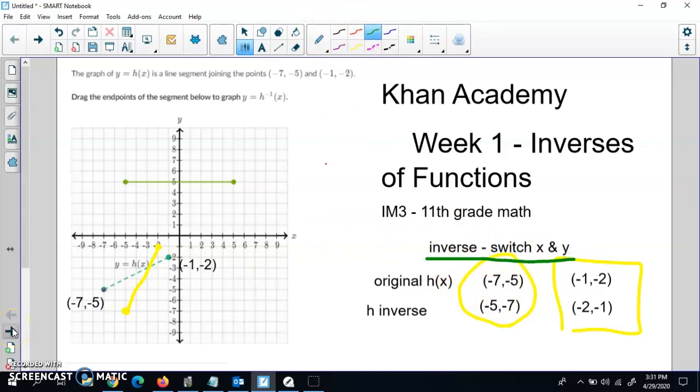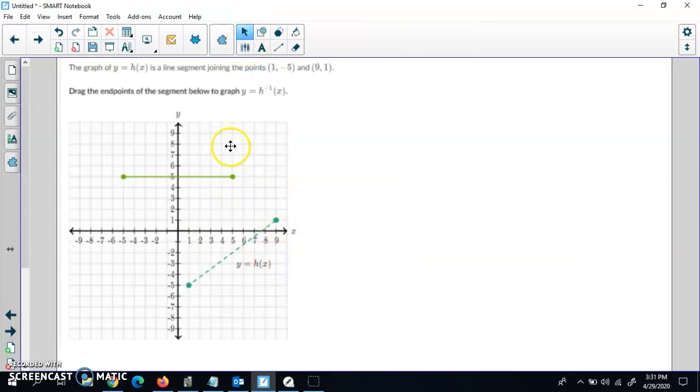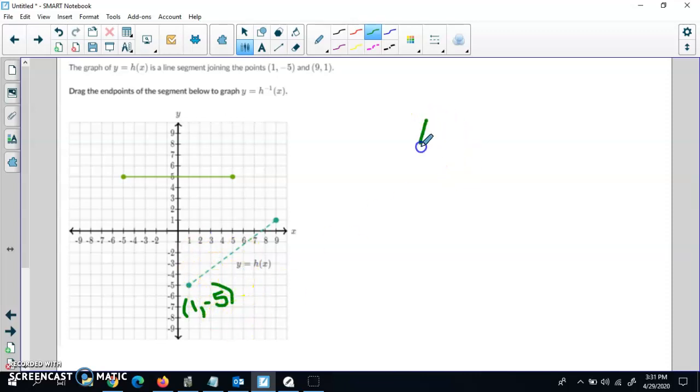So let's take a look at another example. Here's our 2 points. We have 1, -5, which is right here. What's the switch of 1, -5? What's the inverse of that point? It's going to be those values switched. Notice the negative goes with it.